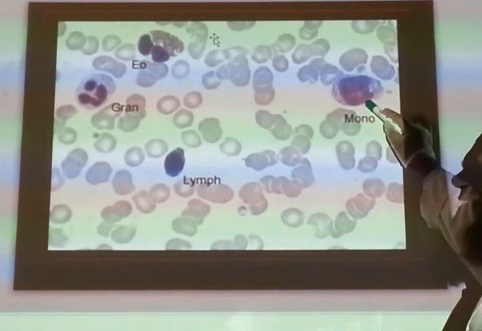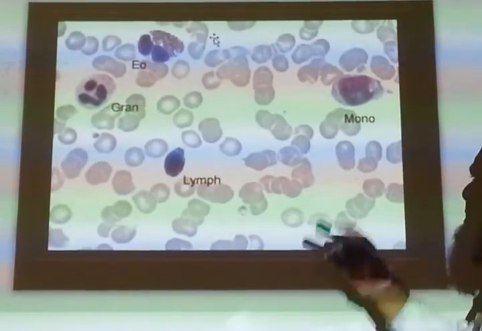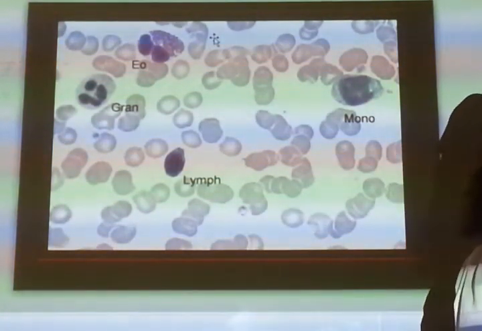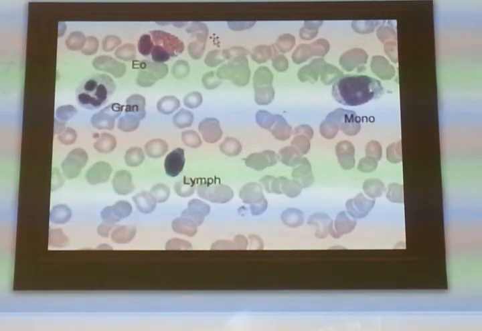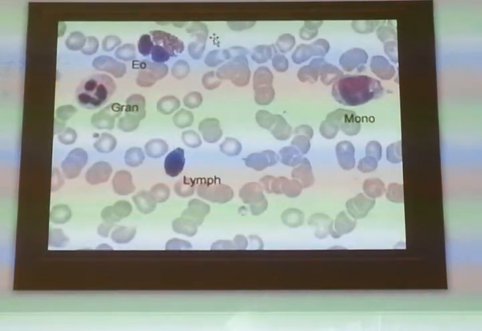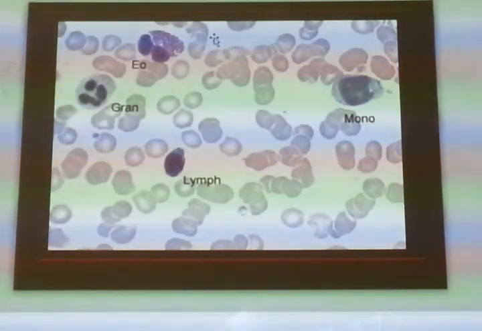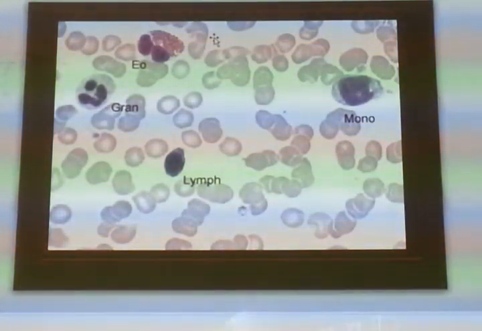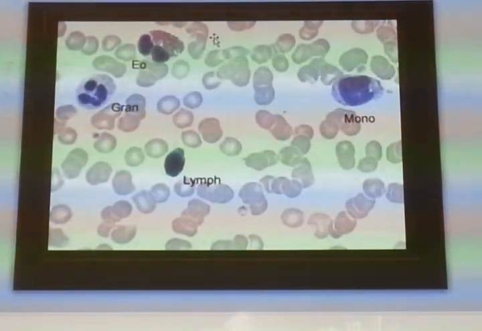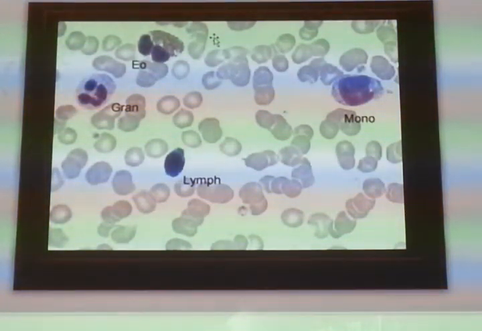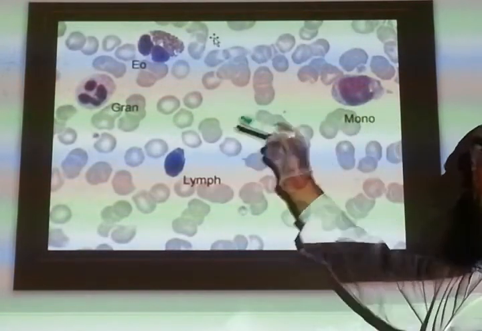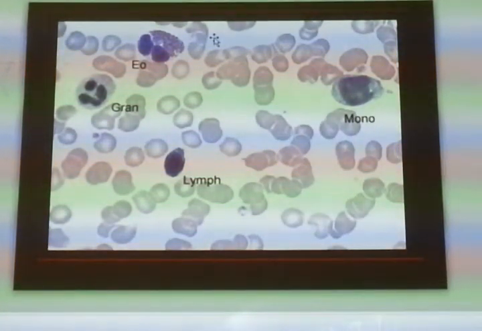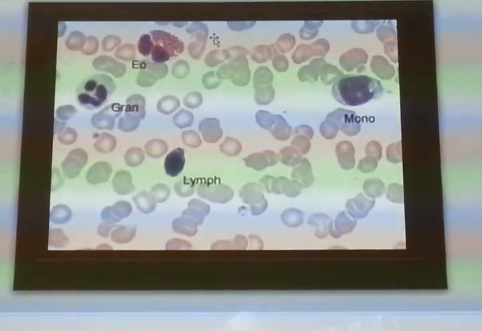This is a monocyte. The shape of the nucleus may be variable, indented, kidney shaped, convoluted on itself. The common thing is that it has only one lobe, no segments, unlike neutrophil and eosinophil. Only one lobe, no filament between. So lymphocyte and monocyte are known as mononuclear cells. Mononuclear means only one lobe of the nucleus.